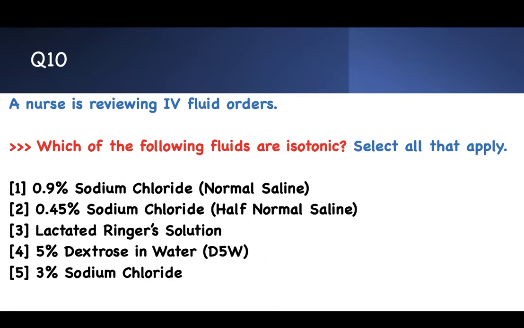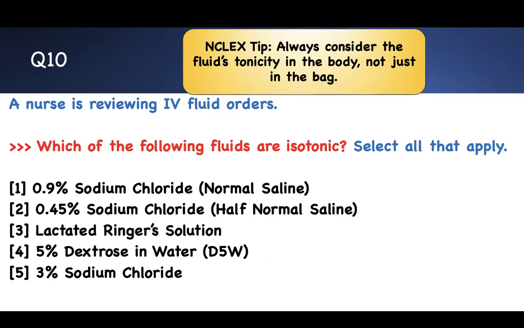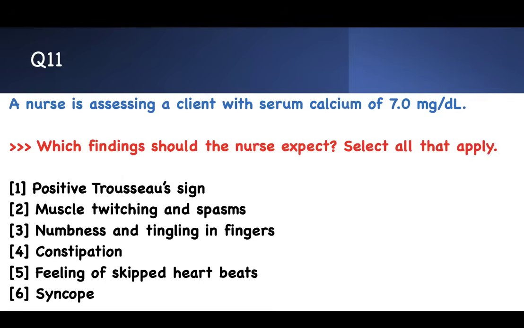So overall, it's hypotonic because we're considering when the fluid is inside you. 3% is hypertonic. Therefore, NCLEX step, always consider the fluid tonicity in your body, not just in the bag. Therefore, sodium chloride and lactated Ringer's.